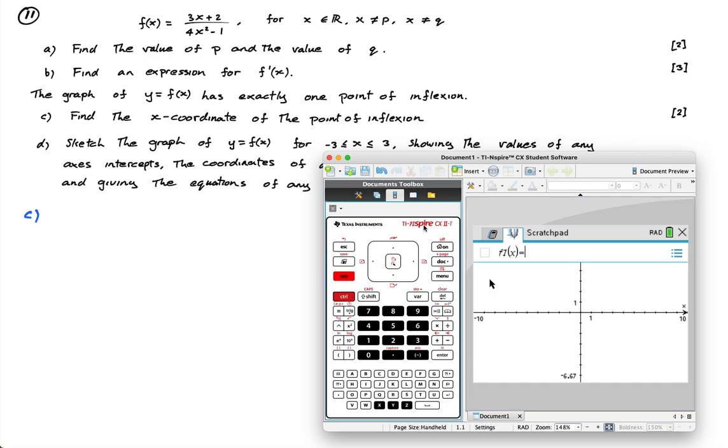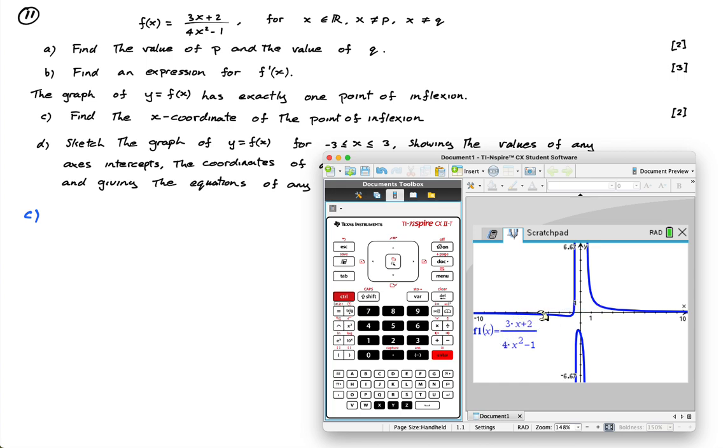Right, let's sketch the function first, because I think we're gonna need that for part D anyway. So we're gonna sketch this. We have (3x plus 2) over (4x squared minus 1). Now, can you see the point of inflection would be my first question, and I would say it's over here somewhere.